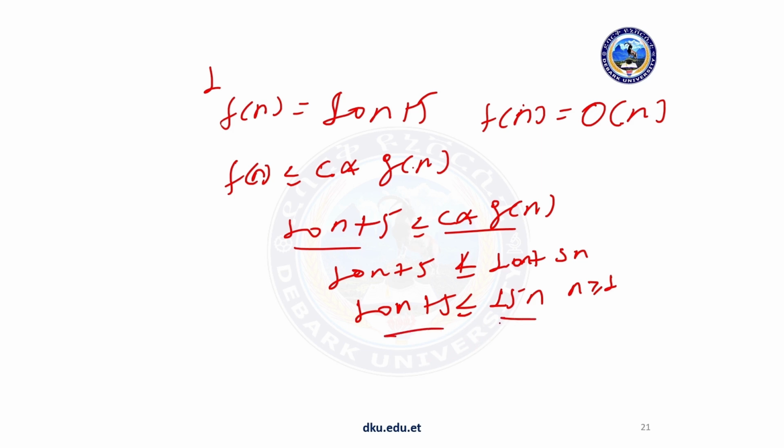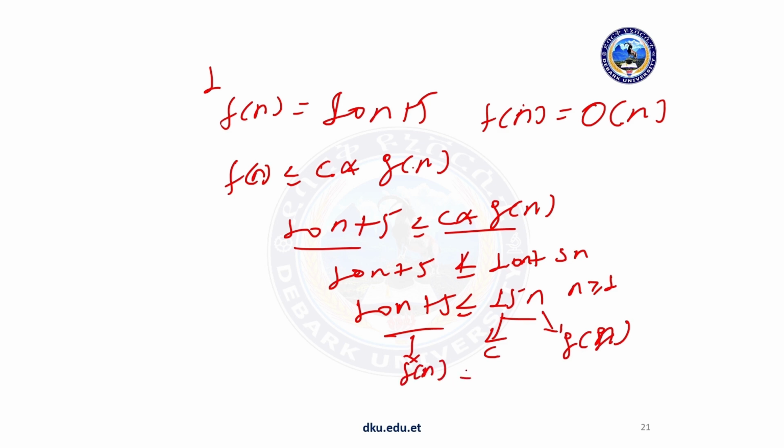So this 15 is the value of c, and this n is the value of g of n. So this is f of n.